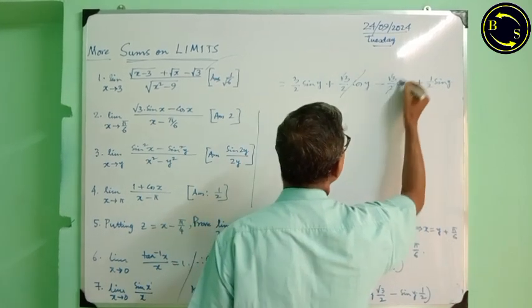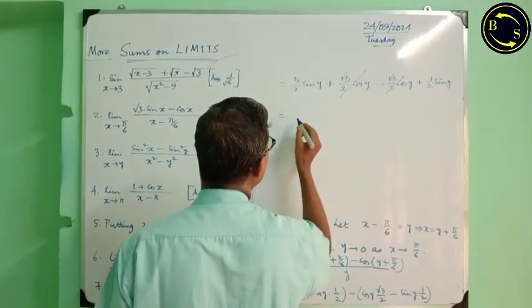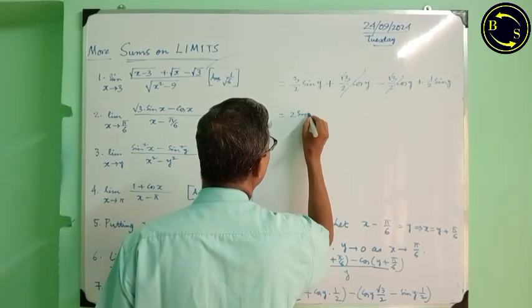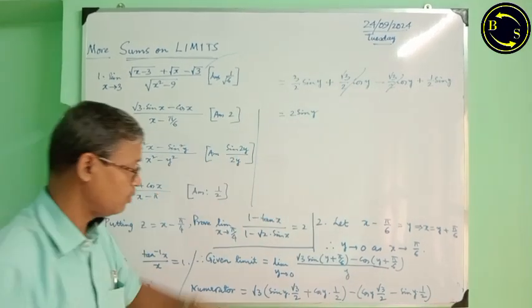Now these two cancel. Therefore 3 by 2 plus half is 2. Finally the simplified value is 2 sin y. Numerator is 2 sin y.